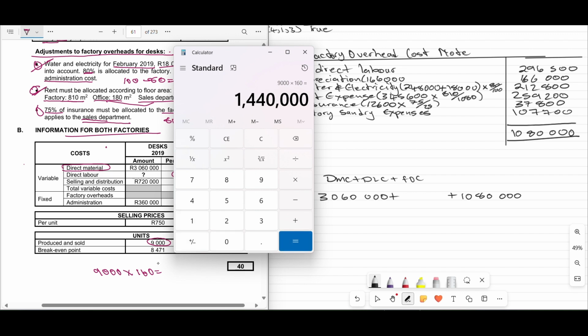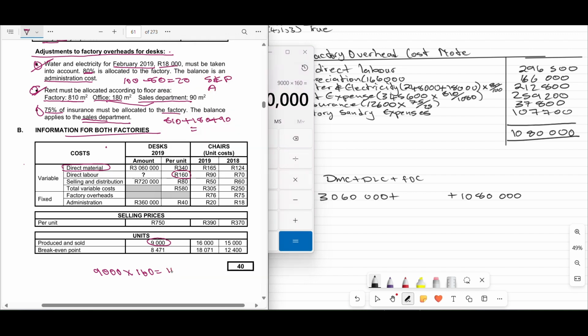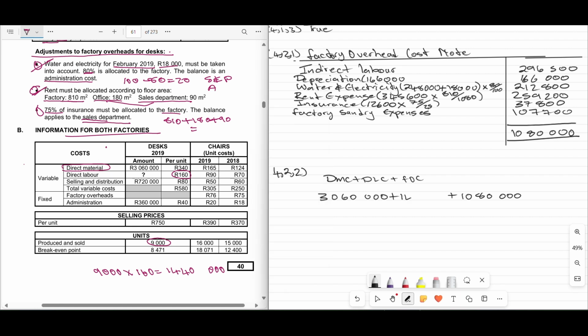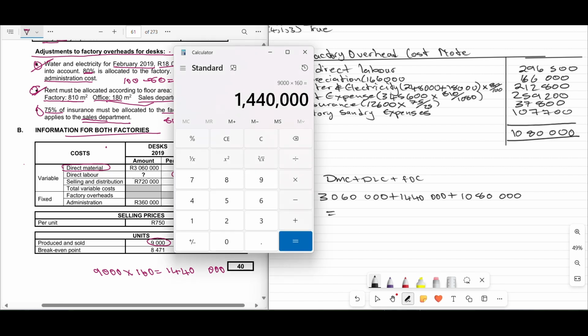So you are going to get 1,440,000. You take 1,440,000 here.